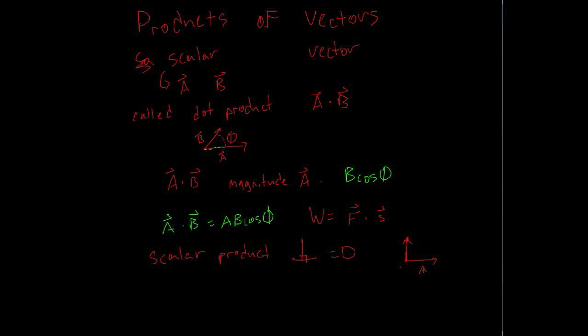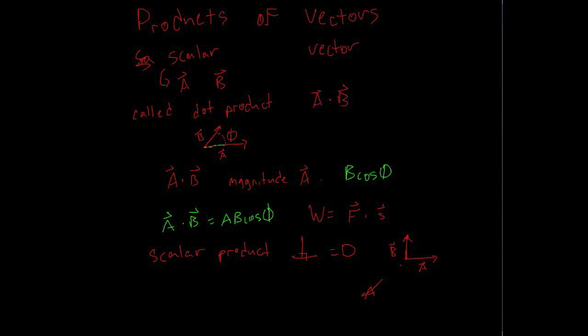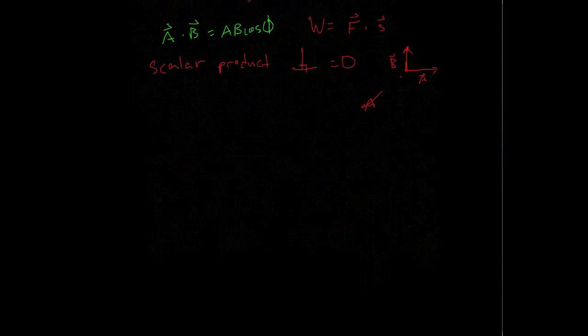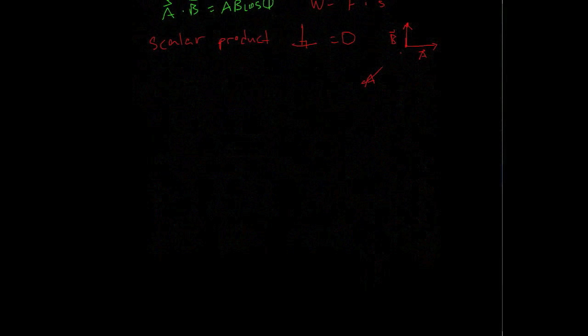If we had vector A dot vector B, it would be the magnitude of A times the component of B parallel to A. Well, there isn't one. It's 0. So, this is a really helpful tool to help find the angle in between vectors when you know the components.